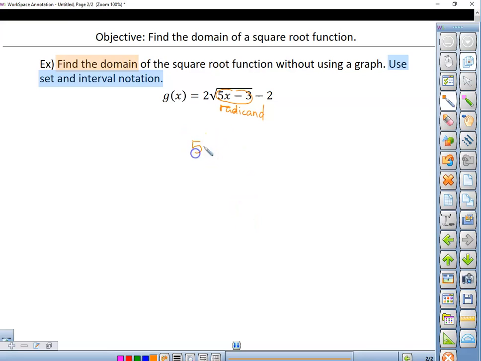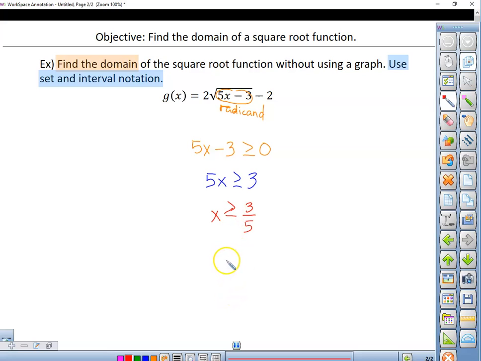So our 5x minus 3 has to be greater than or equal to 0. So in a linear situation, remember, you're doing reverse order of operations. So you'd add 3 to both sides, and then you divide both sides by 5. And you get x greater than or equal to 3/5.